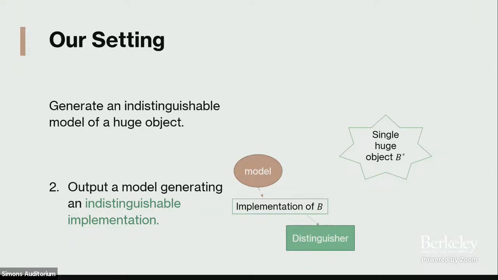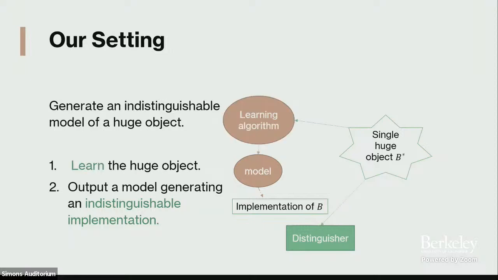We're actually missing something here, which is that we need to learn this huge object, because this is now a specific huge object. We're not trying to generate a random object. So we have an additional step, a learning algorithm that has some samples from our huge object, and this learning algorithm should generate our model.